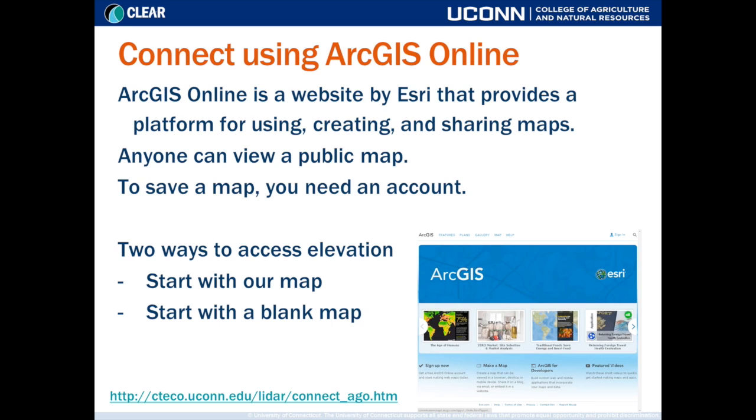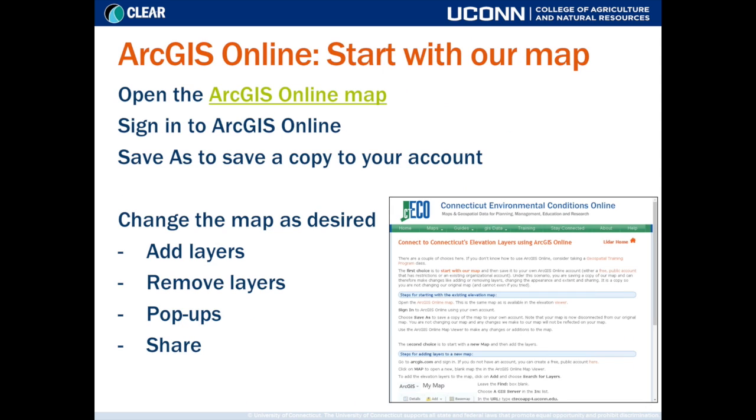So I suggest two ways. You either start with our map and save it to your own account and then make changes, or you can start with a blank map and add our elevation data. I'm going to talk briefly about each of those. If you were going to start with our map, I put a link here and there's a link on the website. This graphic here in the lower right is a picture of the help page that exists, so you don't need to be frantically taking notes, this is all written down on the website.